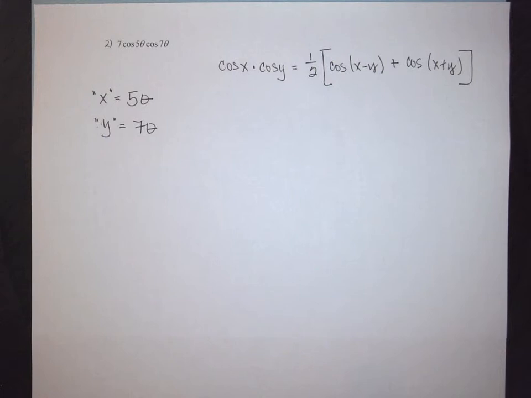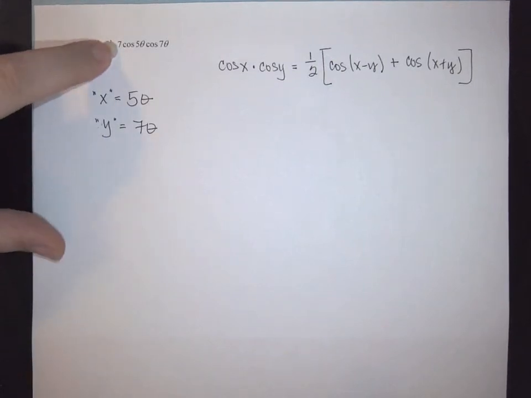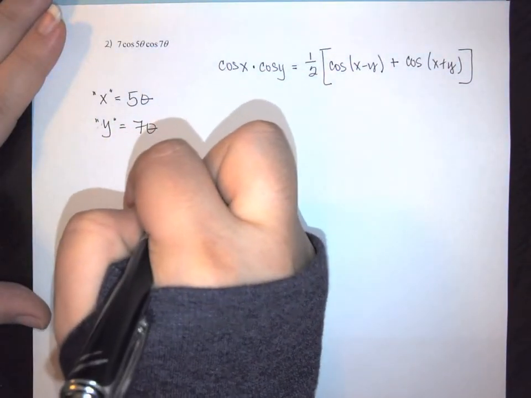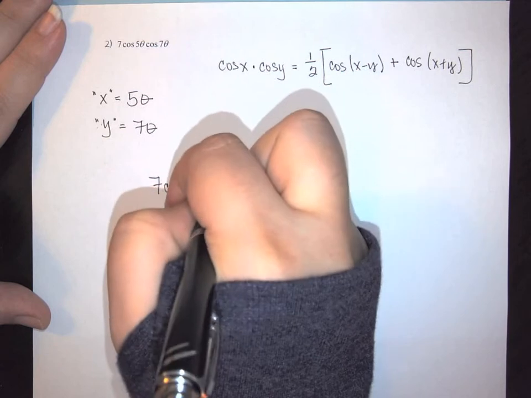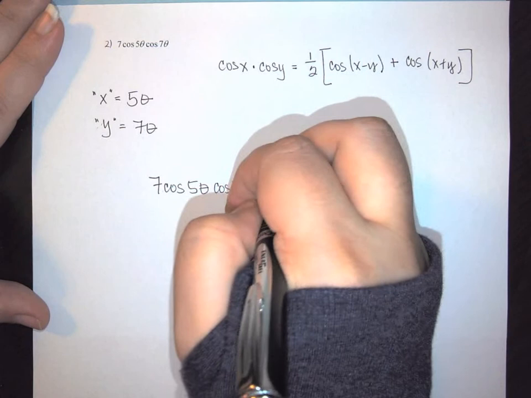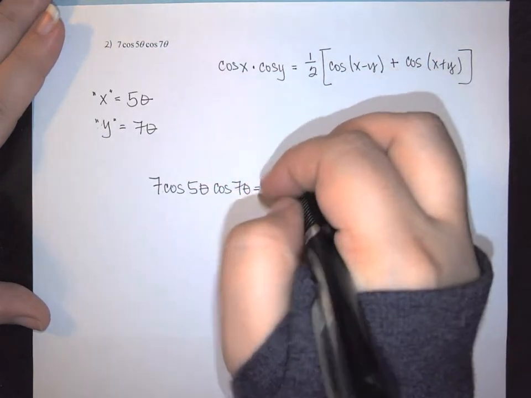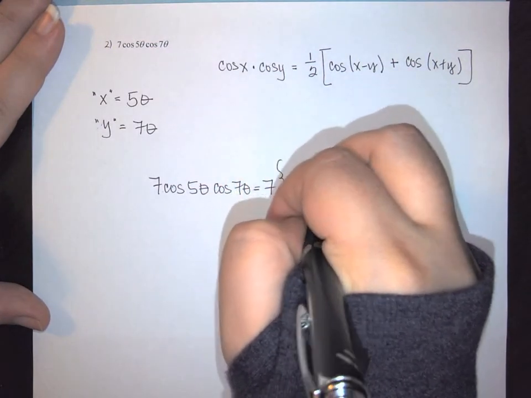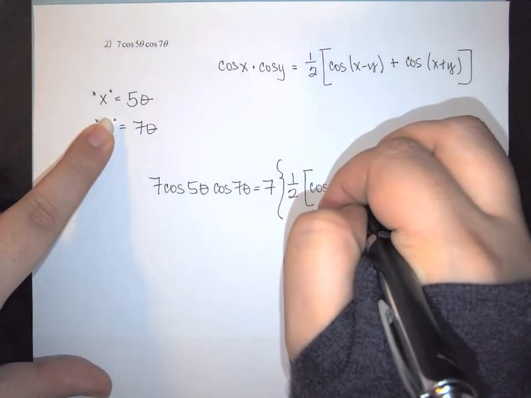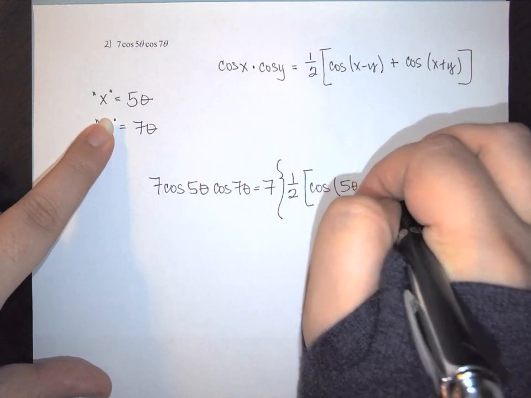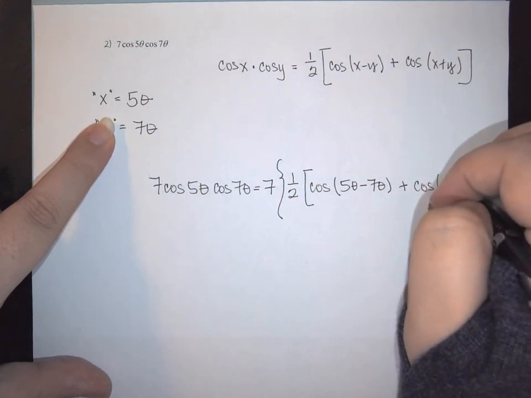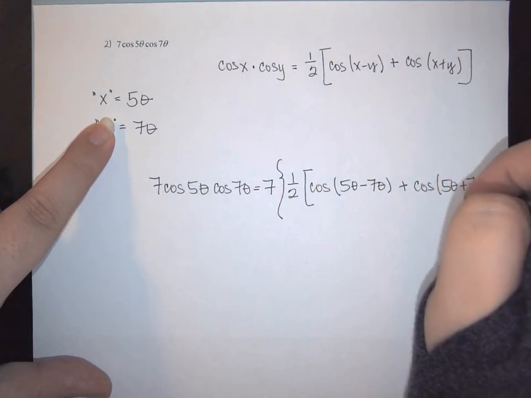Here, I also have to keep in mind that I have this 7 out in front. So I have 7 cosine of 5 theta, cosine of 7 theta, and that is going to equal 7 times my 1/2 times cosine of x minus y, so 5 theta minus 7 theta, plus the cosine of x plus y, 5 theta plus 7 theta.